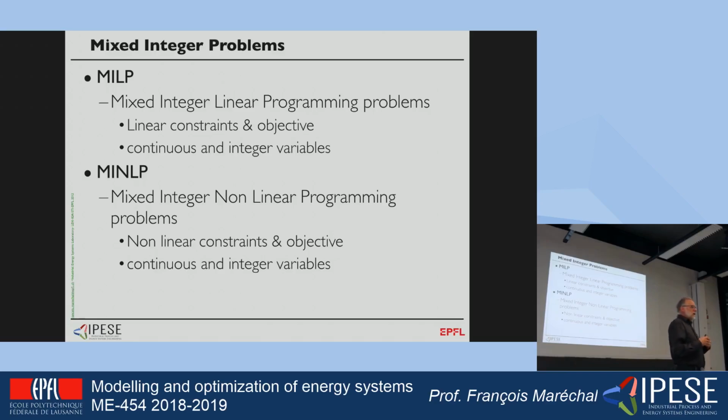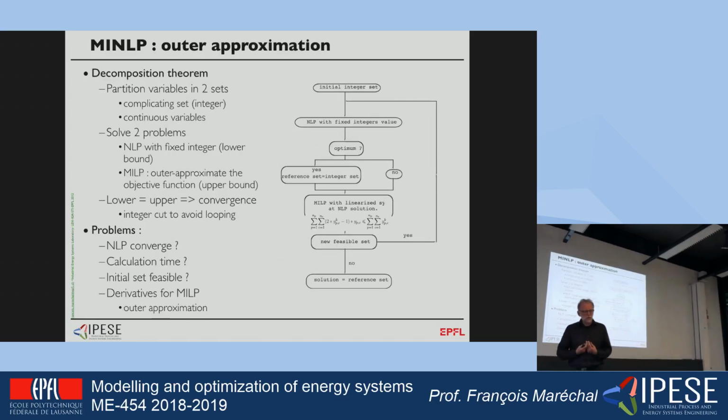Therefore, when we have to solve mixed integer nonlinear programming problems, what we can do is to use a trick, which is to decompose the problem into steps. One of the ideas, for example, would be to start with a first initial guess of the values of the integer variables.